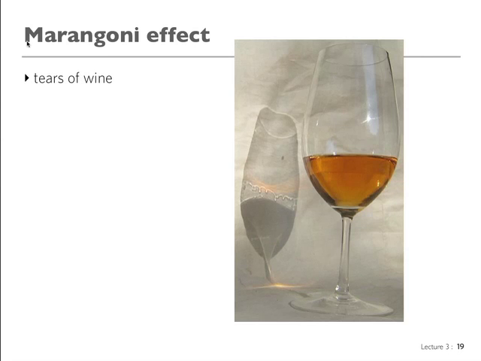The tears of wine. I mentioned this in the first lecture, and you can see this very nice visualization here of the tears of wine on the shadow. And I said to you I was going to try to explain this later in the course. The explanation is the following. Alcohol has a lower surface tension than water.